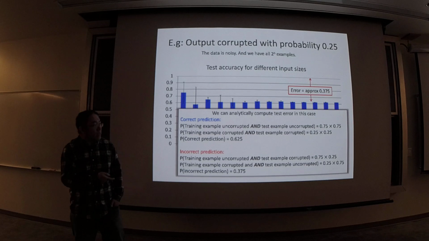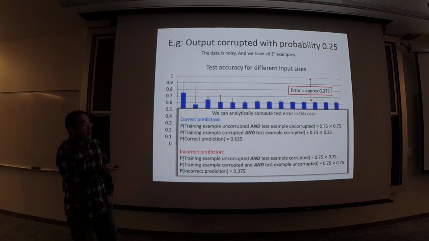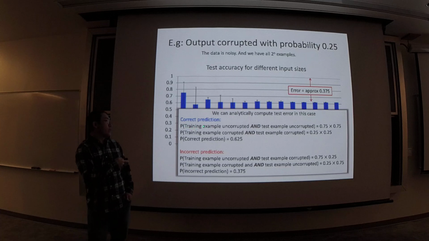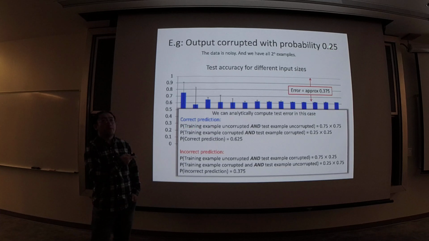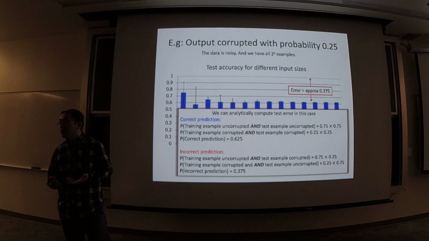And the chance that you meet the first case is 0.75 multiplied by 0.75, because the chance that the training example is uncorrupted is 0.75, one subtracted by 0.25, and the same chance for the test example not being corrupted, right? And the corruptions for different examples are independent.